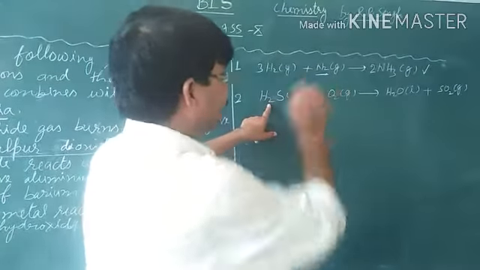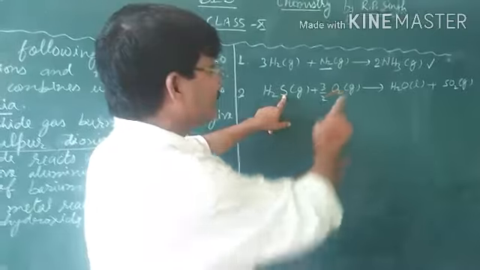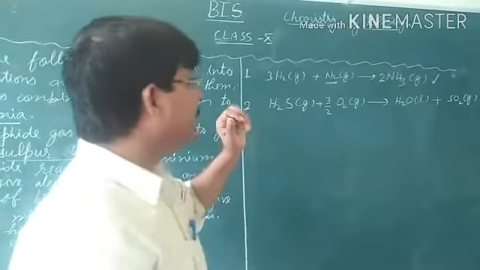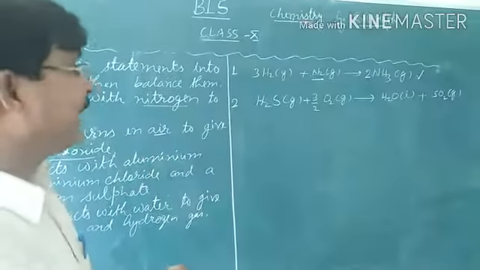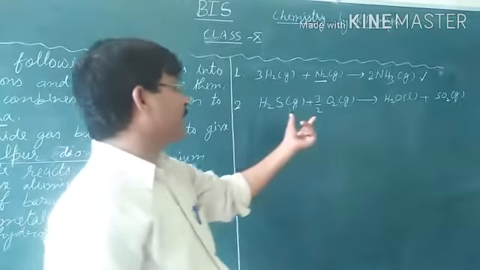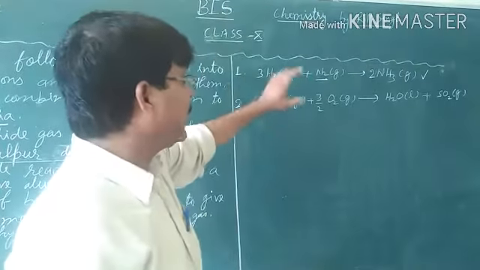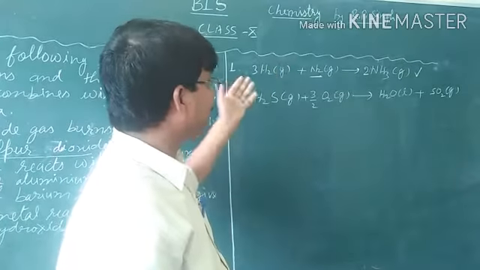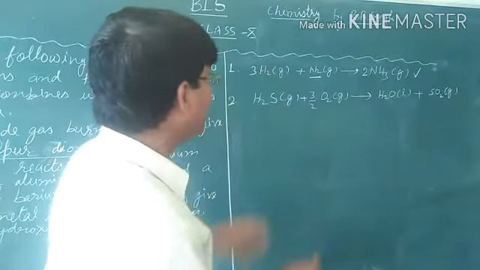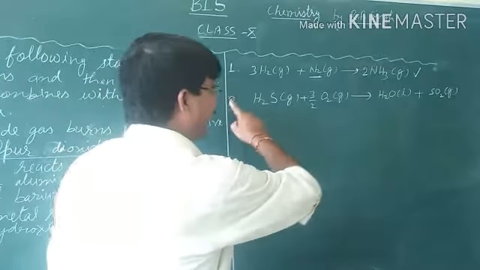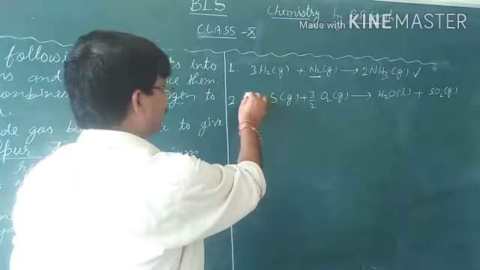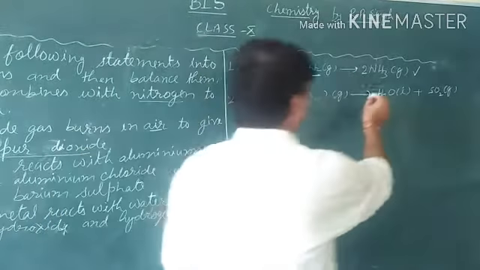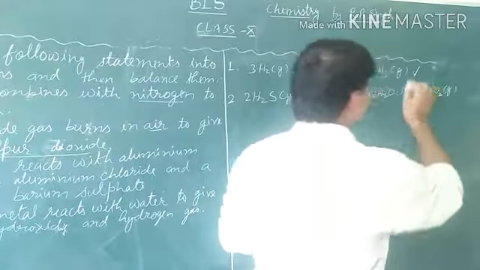Hydrogen is 2, hydrogen is 2, sulfur is 1, sulfur is 1, oxygen there are 3 and here is 3. But we know very well every compound is present in a perfect number. This is not a perfect number. So we will change it into a perfect number by multiplying all compounds by 2. The 2 will cancel out. This is the balanced equation.